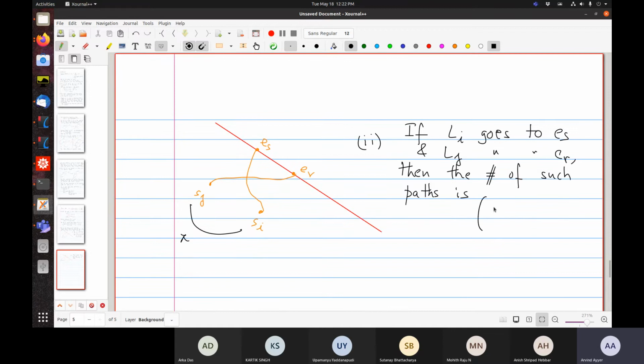Now it will be the other way around. So I choose S minus I and J choose R minus J, okay, because of the way the paths are going.